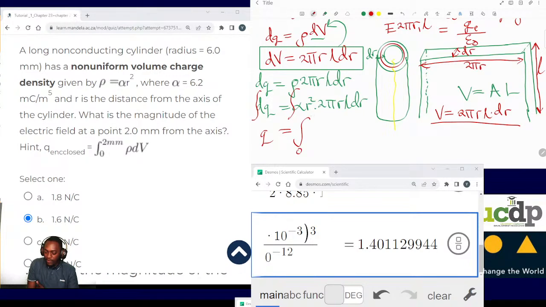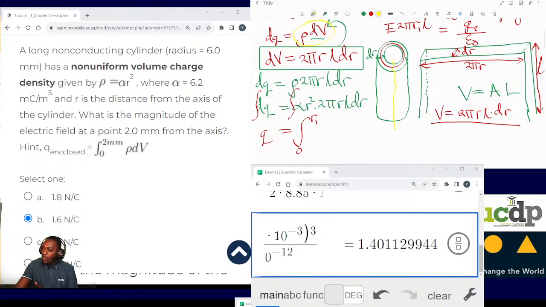We said 2 millimeters is represented by r1. Then you put everything, which is essentially rho dV. Check the hint that you're given in the question. It says the charge enclosed is equal to rho dV.